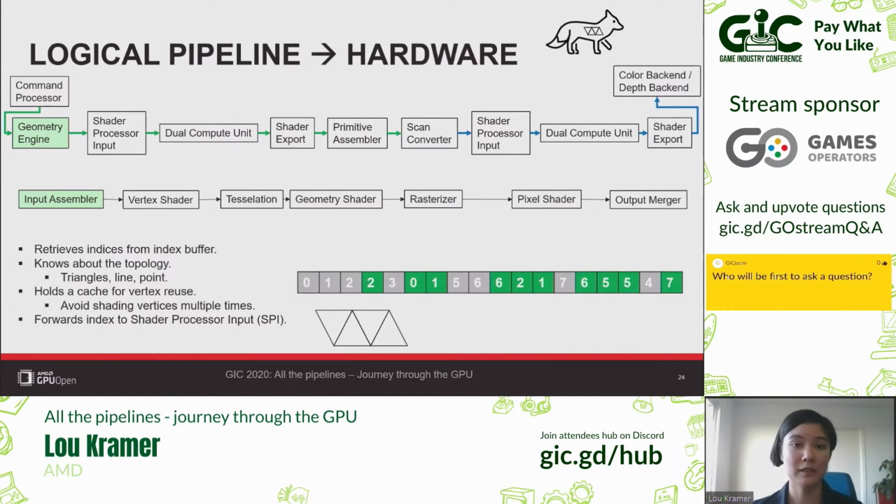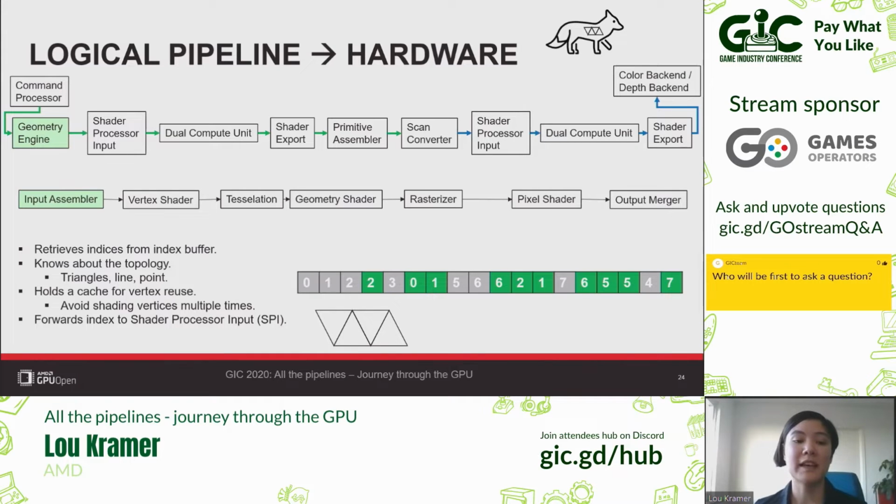So the geometry engine basically has a cache for vertices that were already processed. And so it basically tells, okay, this vertex is already shaded, we don't need to do it again. And it also stores the connectivity information that would be lost by this process, because now we can't say anymore, okay, every three vertices span a triangle, because some vertices we don't even process anymore because they would be duplicates.